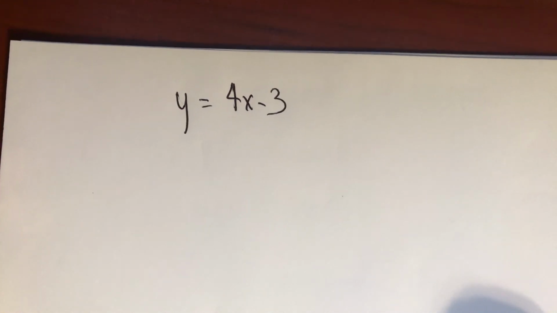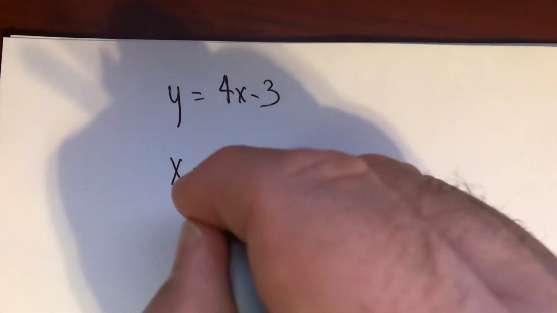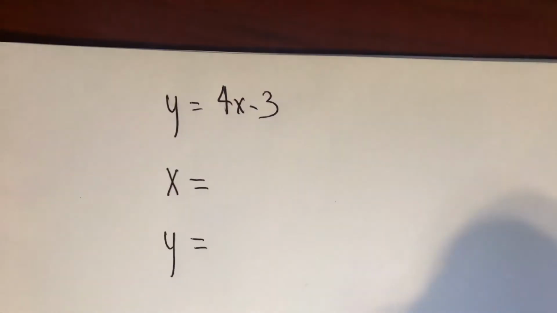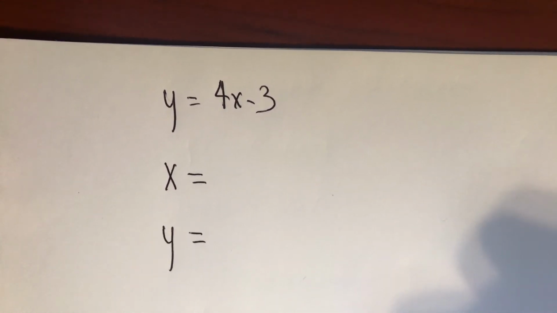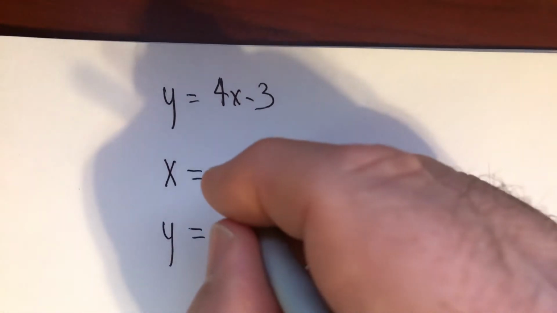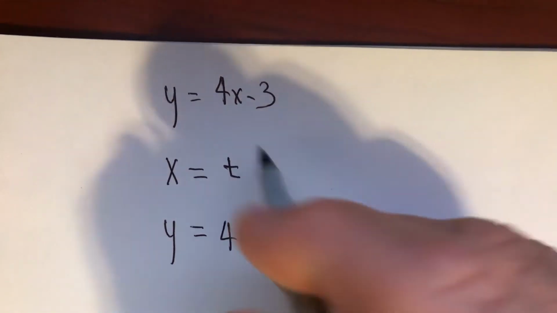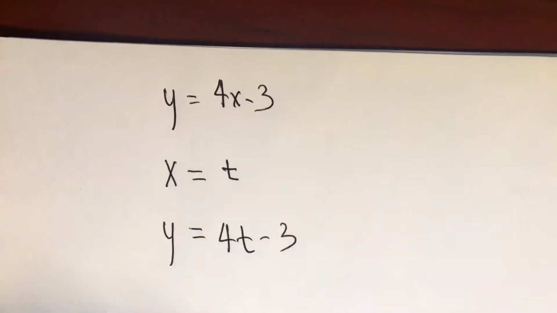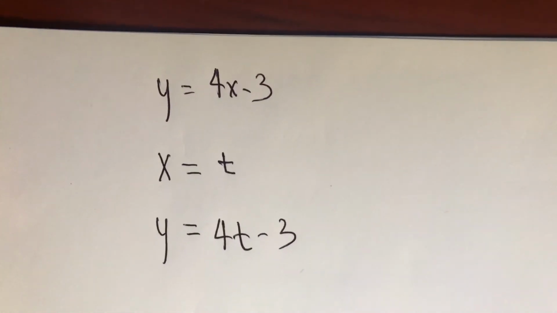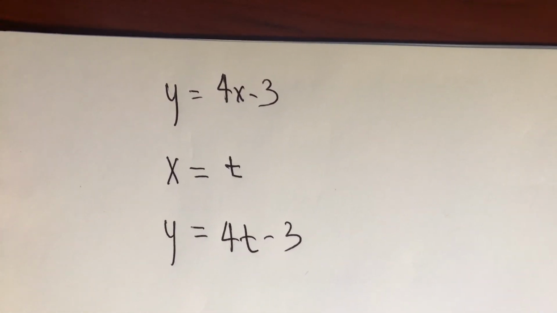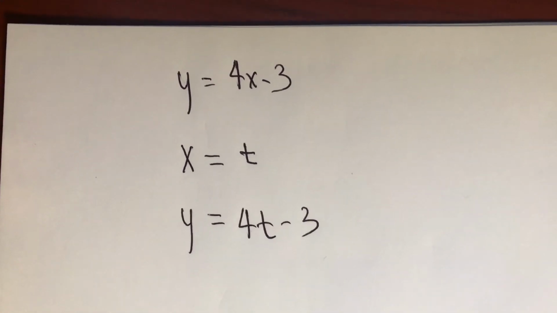It's as easy as doing this. x equals, y equals. If you put x equals t, then y becomes 4t minus 3. You've got the parametric equations for that line just simply by doing that. That is not complicated.